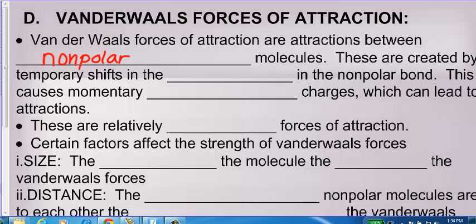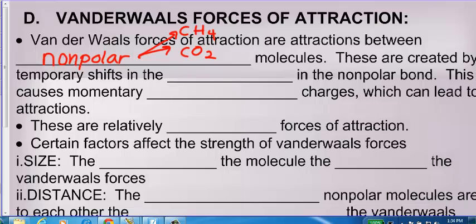So some things that have van der Waals are like methane, CH4, because that's the tetrahedral shape, which makes a nonpolar molecule. Carbon dioxide has them, because remember, even though that has polar bonds, because of its linear shape, with more than 2 atoms, it's a nonpolar molecule.